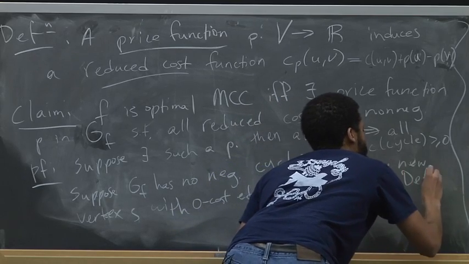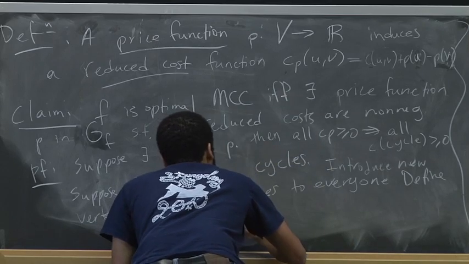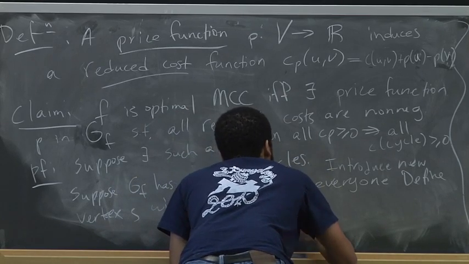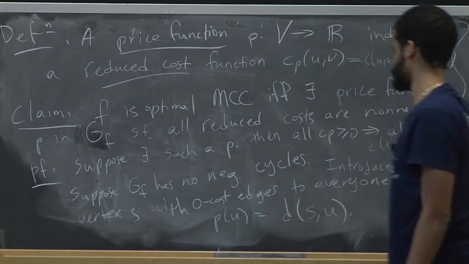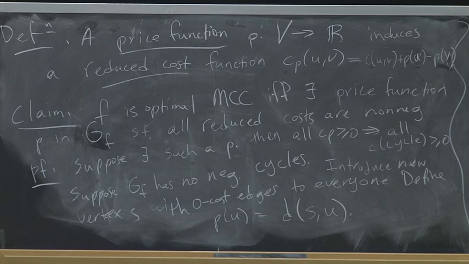Now define the price of U as just being the shortest path distance under the costs from S to U. This is the shortest path length from S to U. That's well defined because there are no negative cycles.